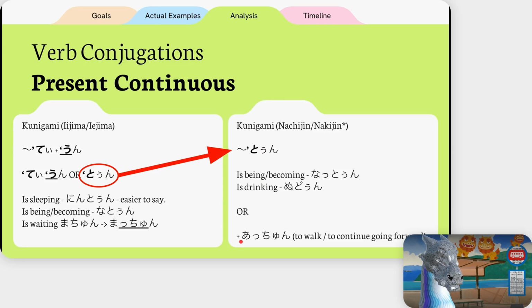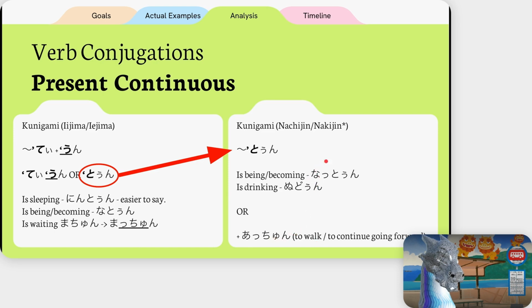Another way you can create the present continuous, and this is specifically just for a few dialects of Kunigami, including Nachijin, is to add the verb atun at the end, which means walk, but unlike in Okinawan and many other languages, it can also figuratively mean to go forward.